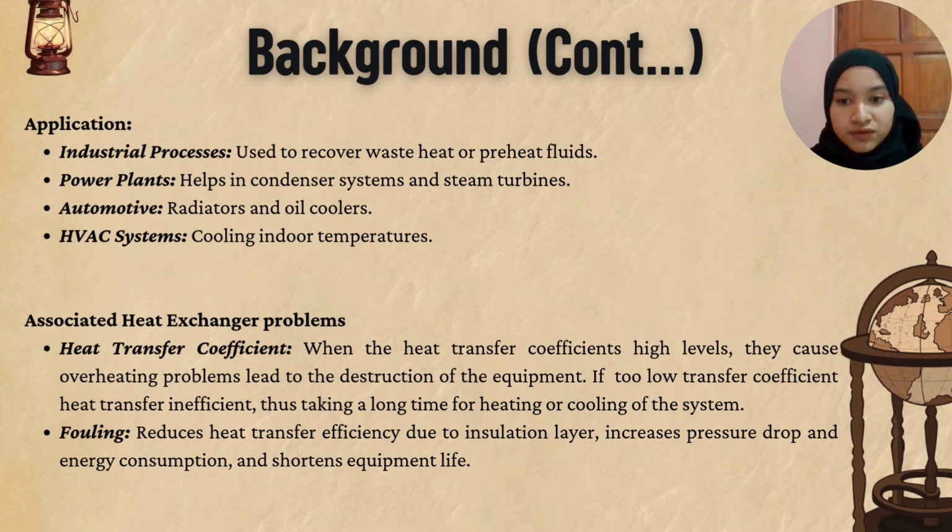For the fouling problem, it can reduce heat transfer efficiency with an insulation layer that can cause increased pressure drop and energy consumption, which can shorten equipment life. This will cause high cost for maintenance.